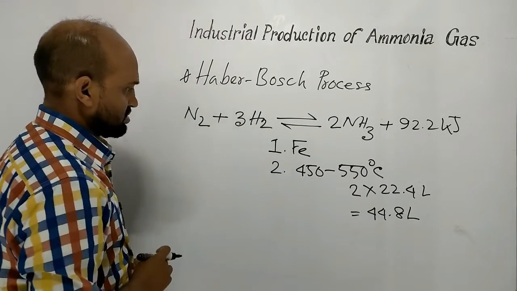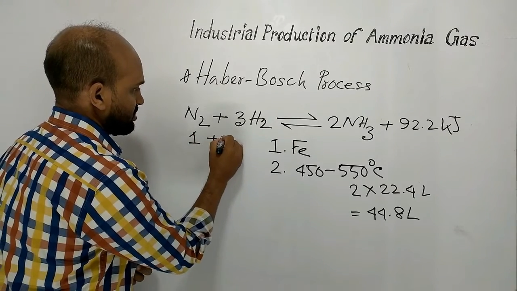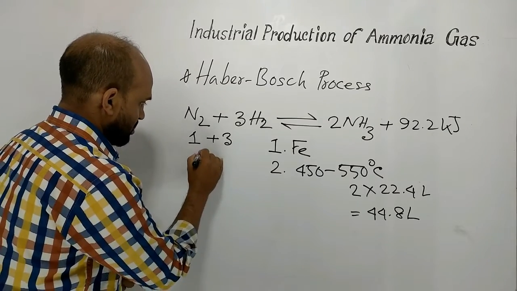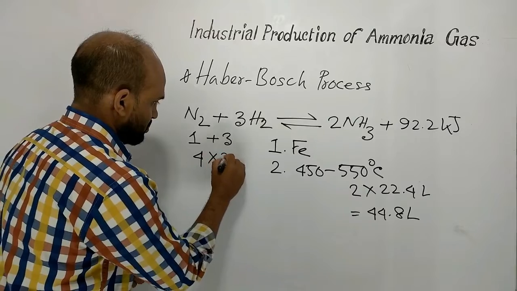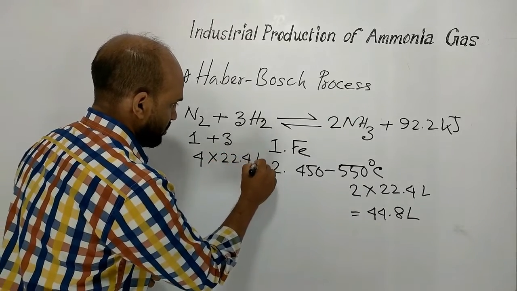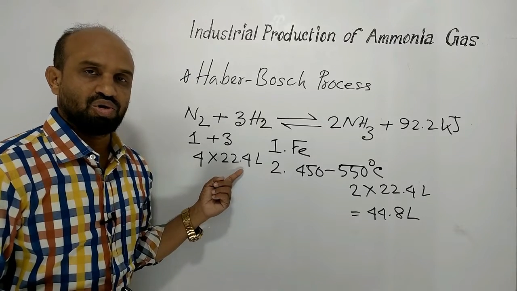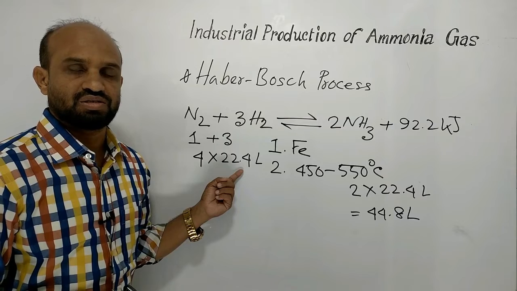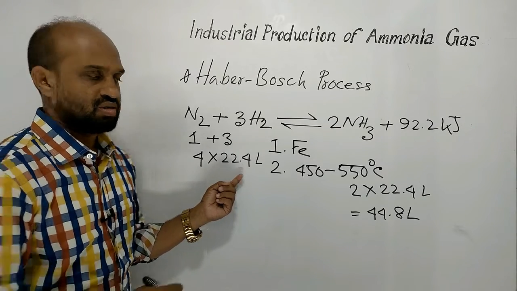For the reactants, 1 mole nitrogen and 3 moles hydrogen, total 4 moles of gases into 22.4 liters, because we know 1 mole of any gas has a volume of 22.4 liters at standard temperature and pressure.